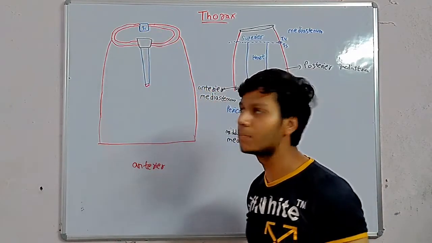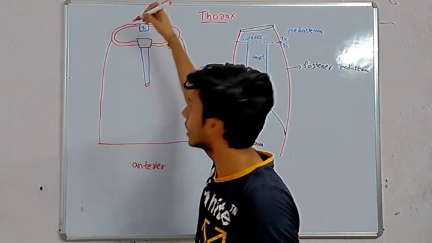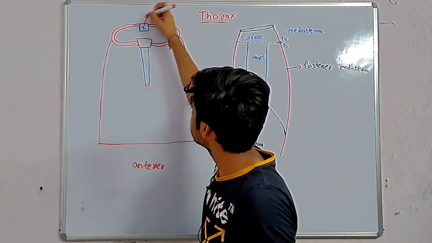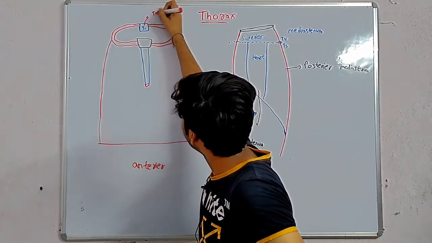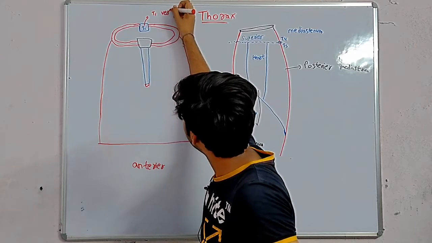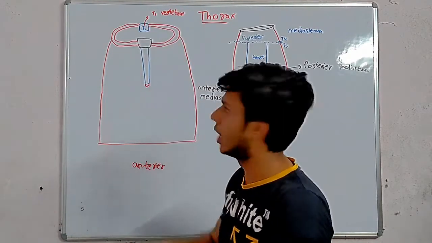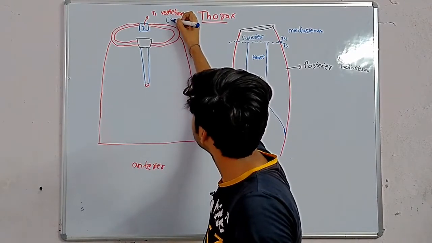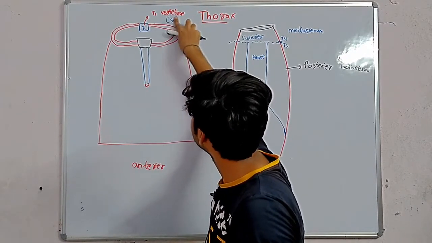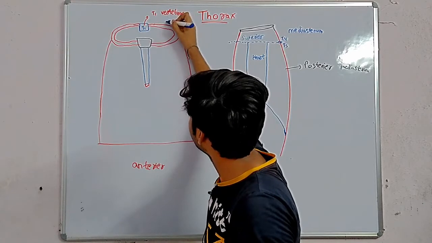It is formed by some boundaries. On posterior aspect, the anterior surface of T1 vertebra.